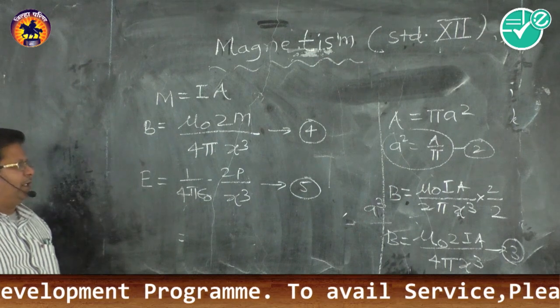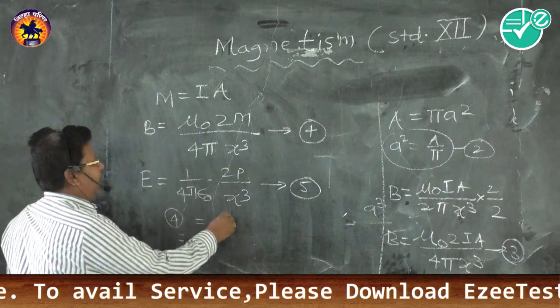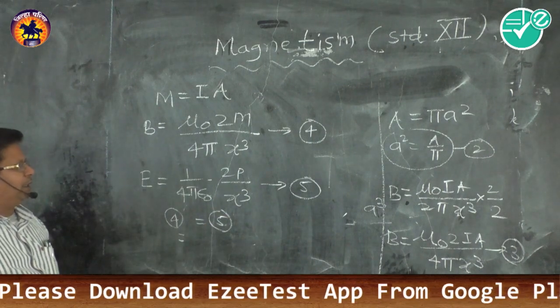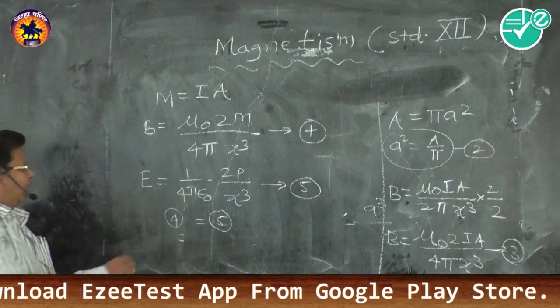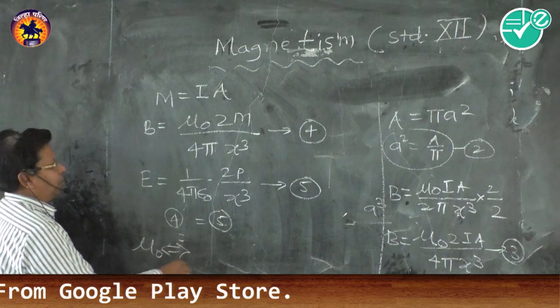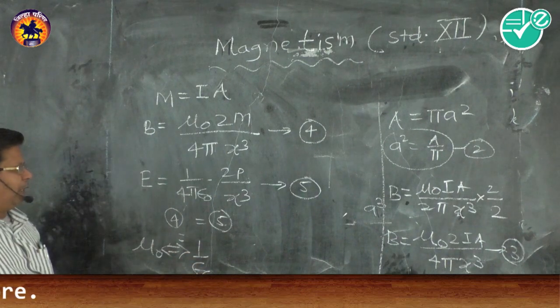Now if we compare equations 4 and 5, we conclude that, first, mu 0 is analogous to 1 upon epsilon 0.